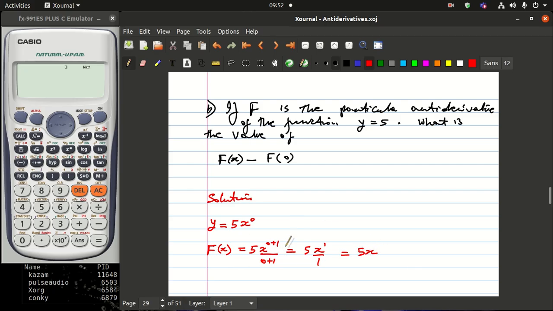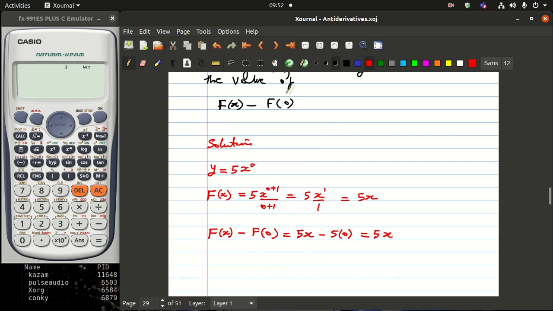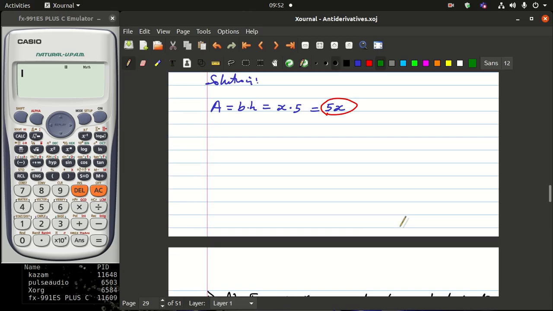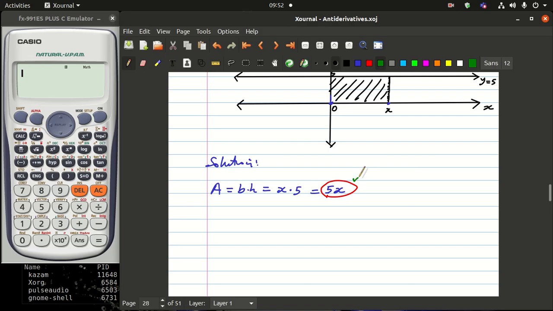So if you look now at f of x minus f of 0, you will notice that I will have 5x, which is this f of x, minus 5 times 0, which is the same as just 5x, because this is going to be 0. So what can you say about this having a 5x and also this one having a 5x?